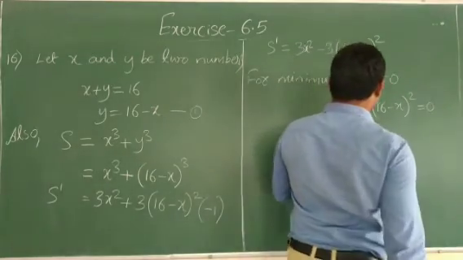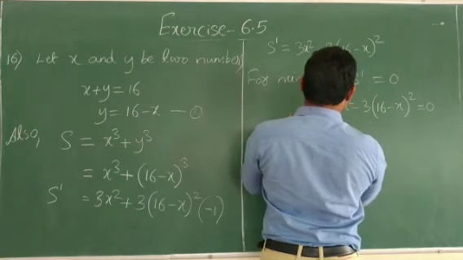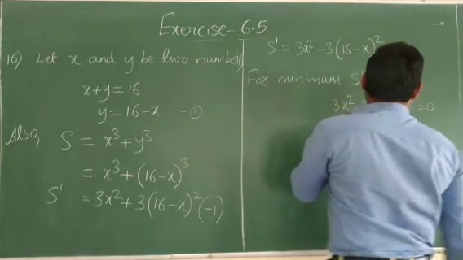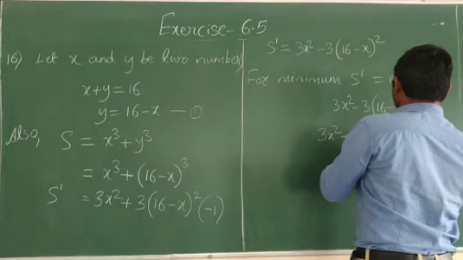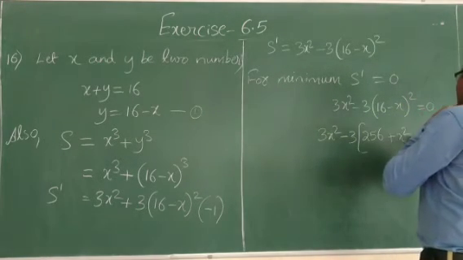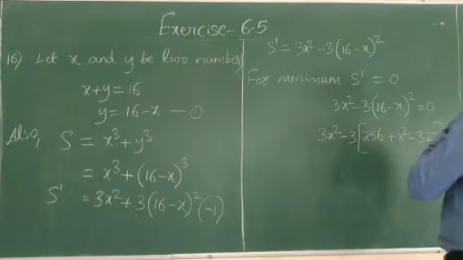So here we can expand this. We get 3x square minus 3 into 16 square, 256, minus 32x plus x square, is equal to 0.